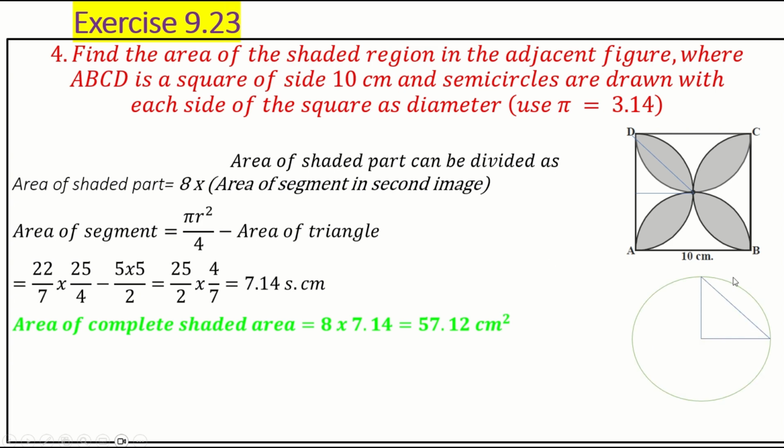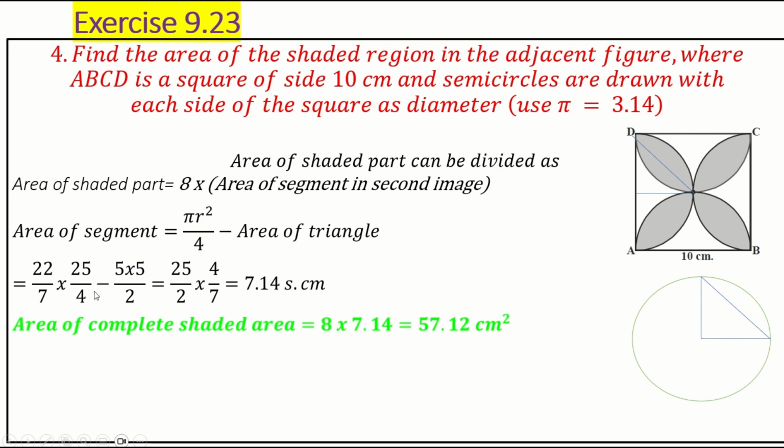If you look at here, we are trying to find only this half of the leaf. Okay. So how do you find it? Area of the segment is pi r square by 4. That is quarter circle. Correct? Or you can apply 90 by 360 into pi r square, which is same, minus area of the triangle.